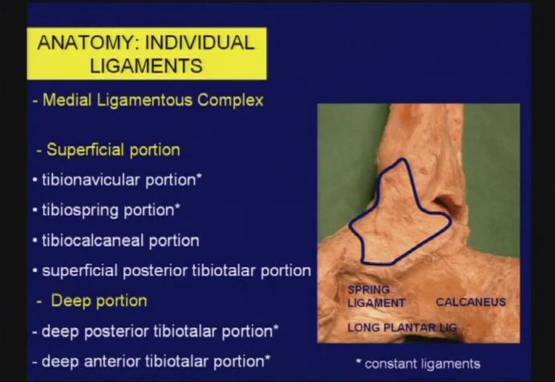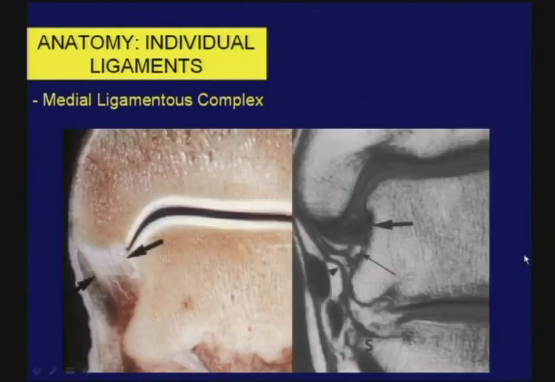The literature is not uniform on this, but if you look at the distribution of the superficial deltoid, again, attaching to the navicular, to the spring ligament, to the sustentaculum tali, and perhaps even further back to the calcaneus as well. So let's look at some pictures.